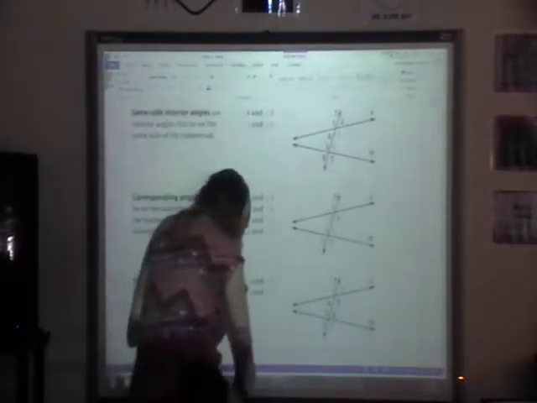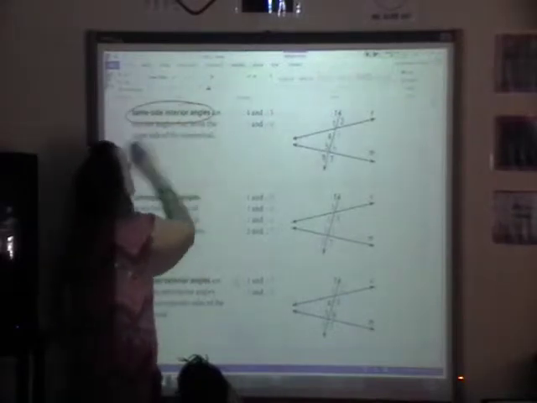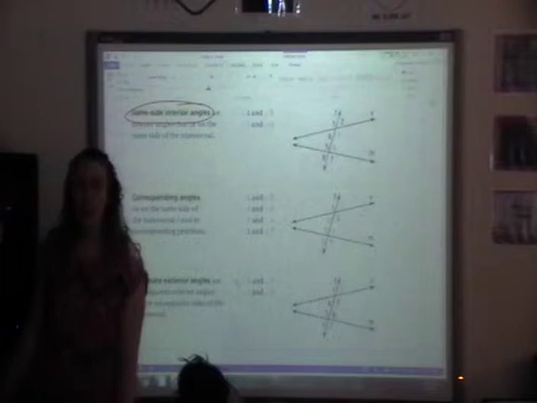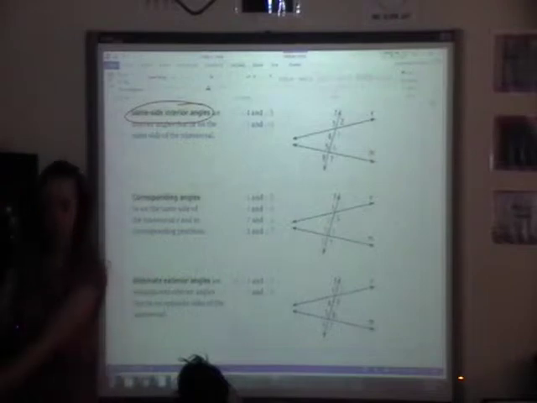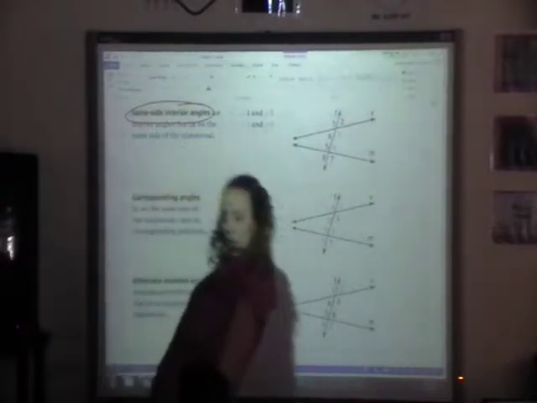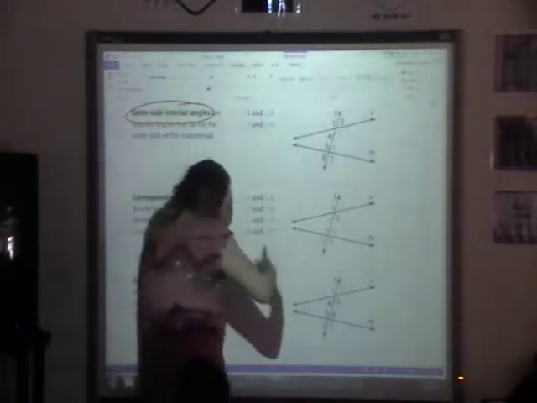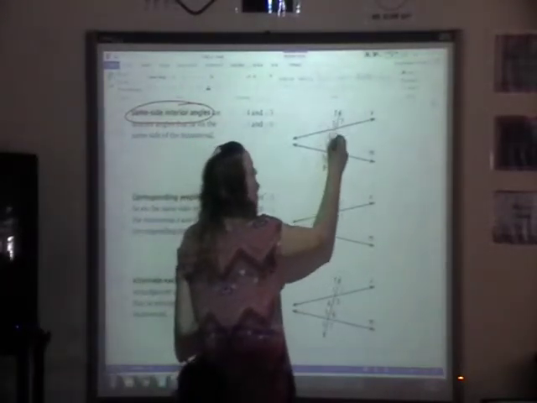Same side interior. Now this is our second one. Same side interior is going to be living on the inside, and same side means that they live on the same side of the transversal, either on the left side or on the right side. So they're living on the same position. We have 4 and 5.